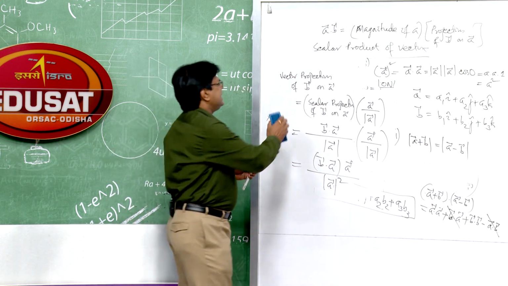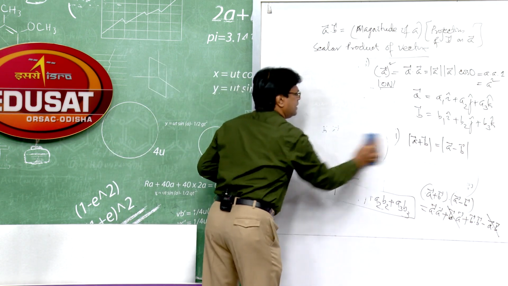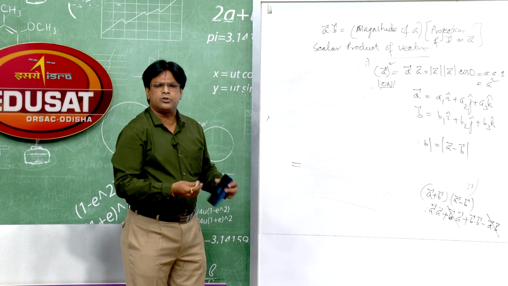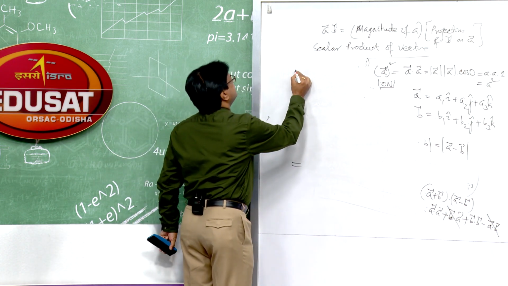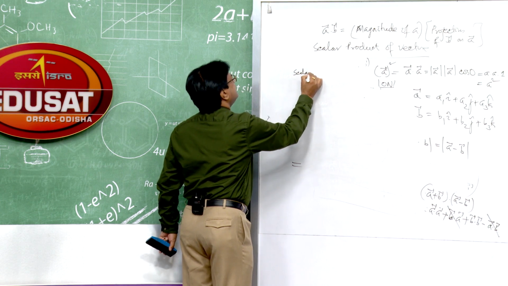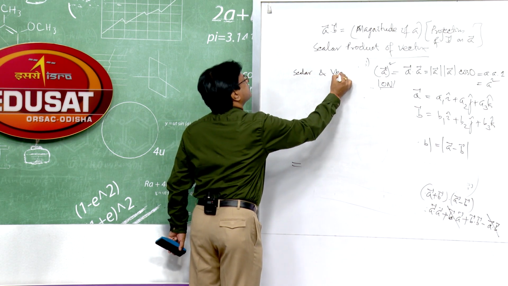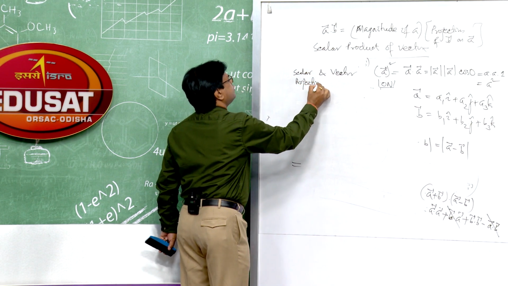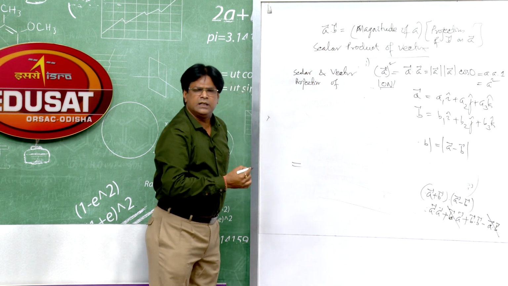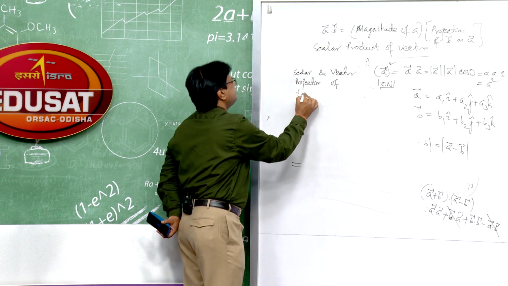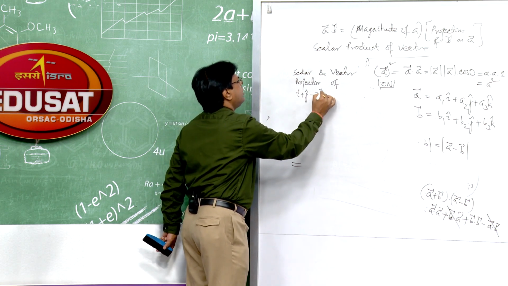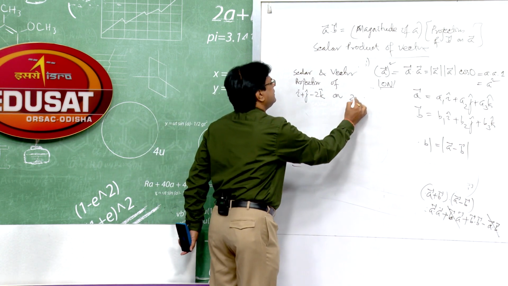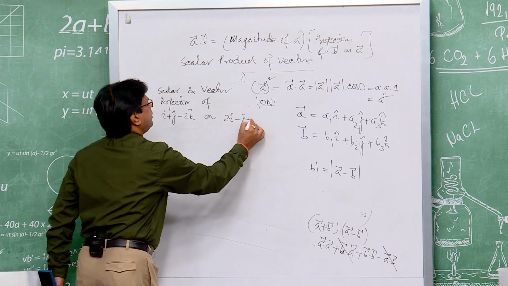Then take an example. Suppose a question like this: find the scalar and vector projection of the vector i plus j minus 2k on 2i minus j plus 3k.